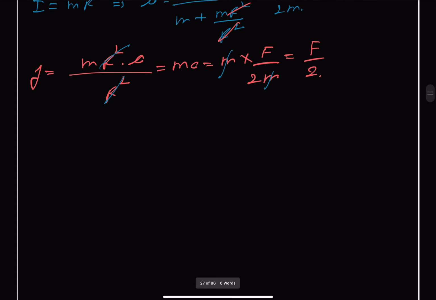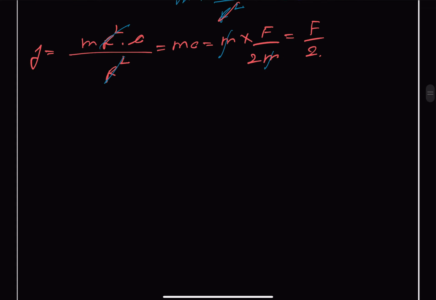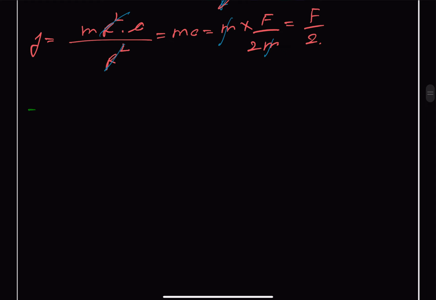And for maximum acceleration, that is our F should be equal to mu mg. You can say m into A max will be equal to mu mg. Here mass and mass cancel out, so A max will be equal to mu g.